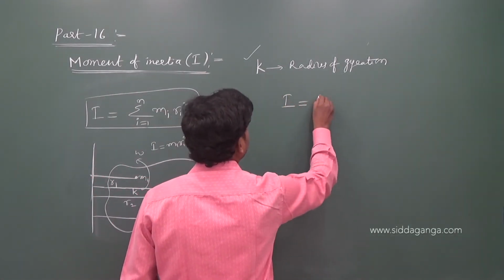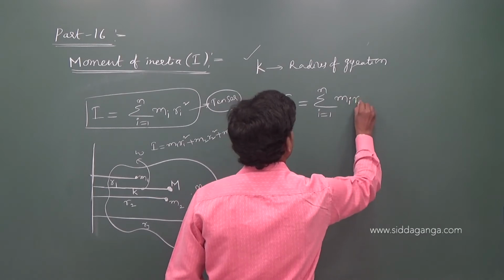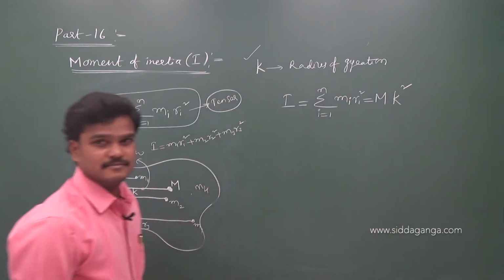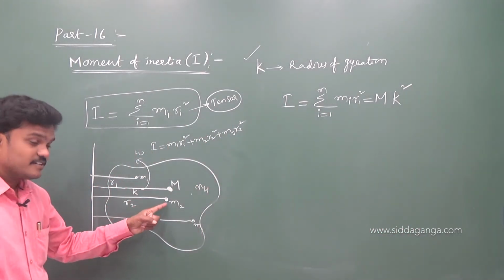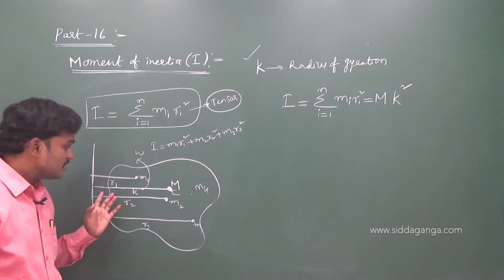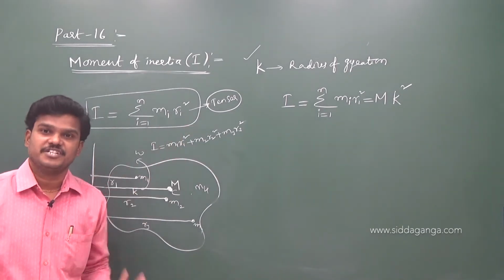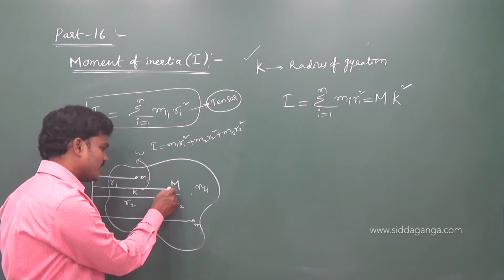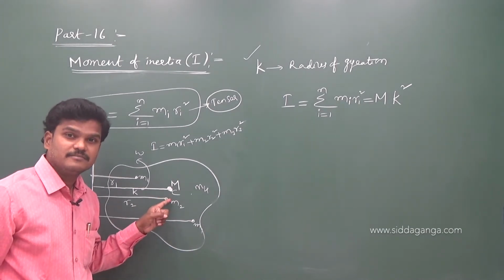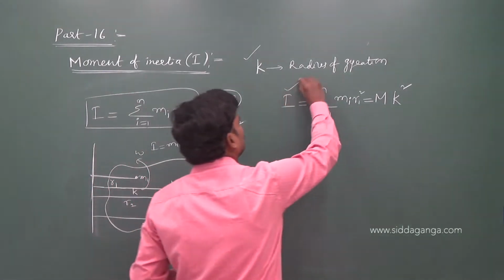We can write it as the summation over i equal to 1 to n, if there are n particles, m_i r_i square, and this can be written as m k square, because the entire mass is concentrated at this point C. So the product of the mass and the square of the perpendicular distance from the center of mass of the rigid body also gives the moment of inertia.